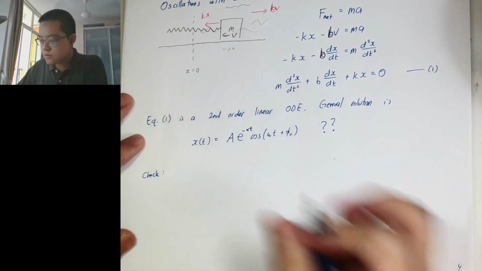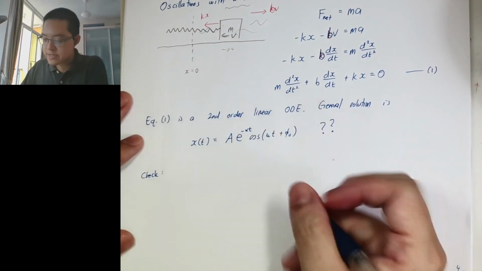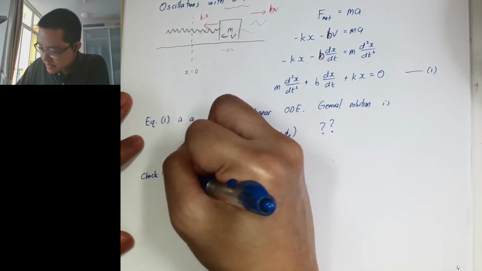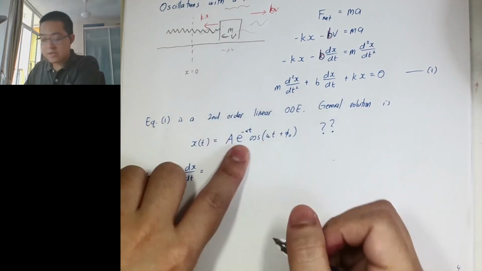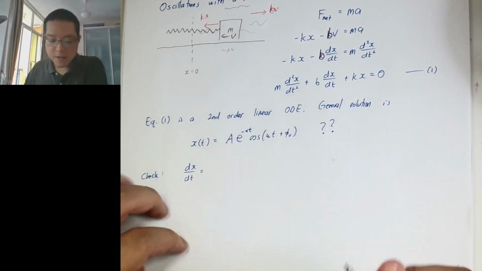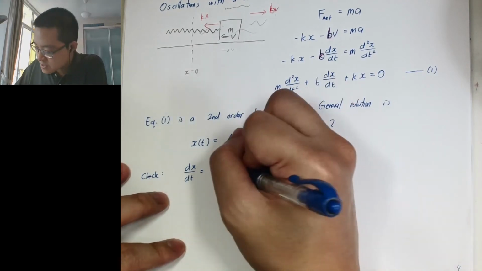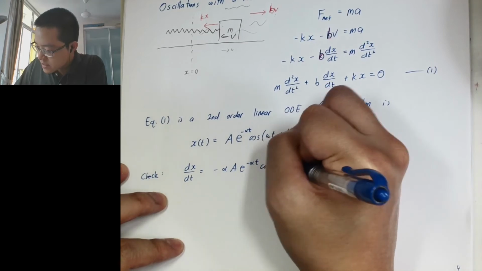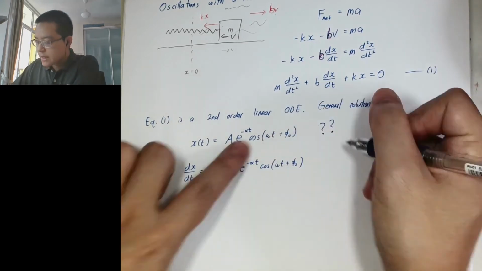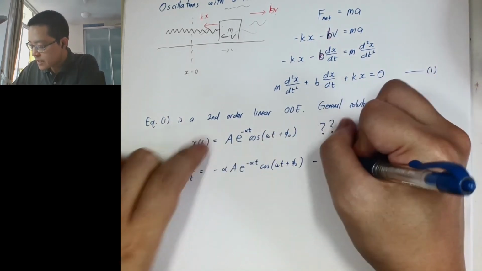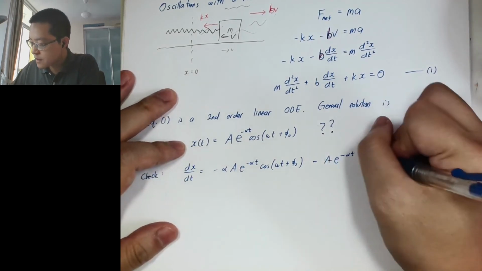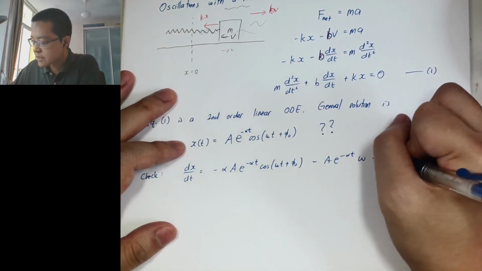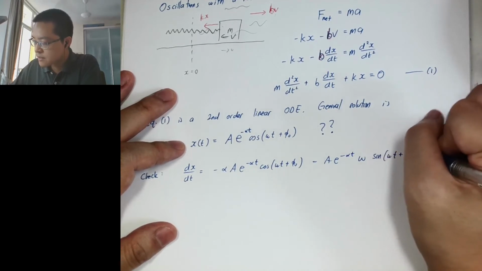Well, I will need the derivatives. If I differentiate x with respect to t, I have a product of two terms. Differentiating the exponential, I get negative alpha e to the negative alpha t cos(omega t plus phi 0), and then differentiating the cosine, I get negative A e to the negative alpha t, omega comes out, and it becomes sine(omega t plus phi 0).